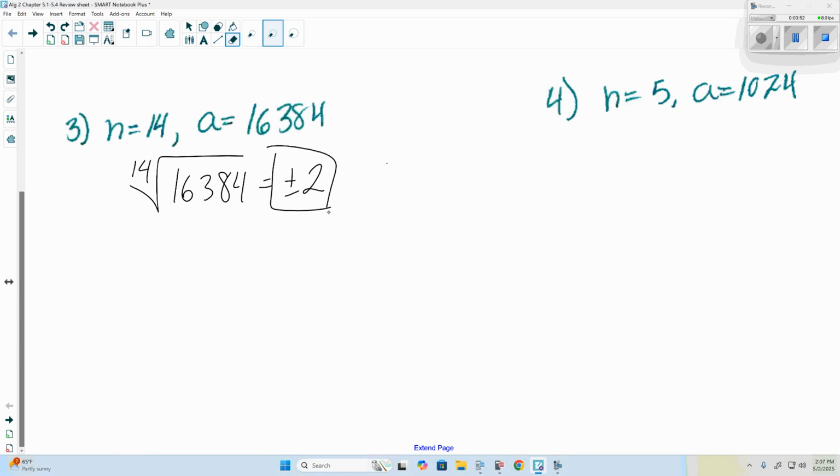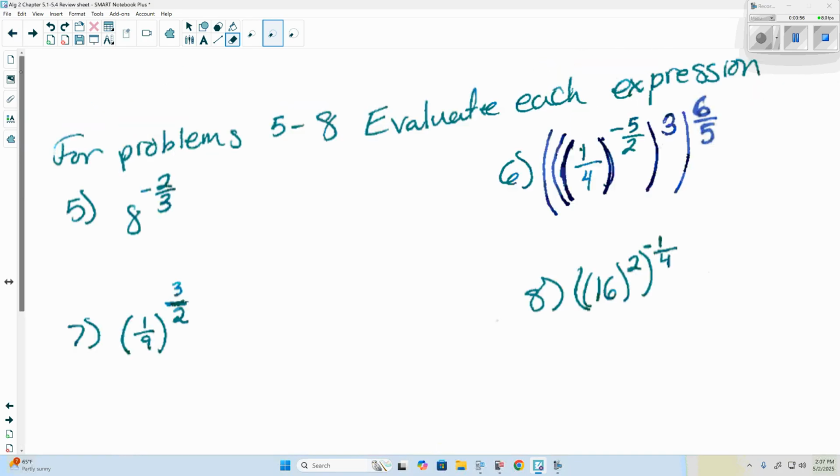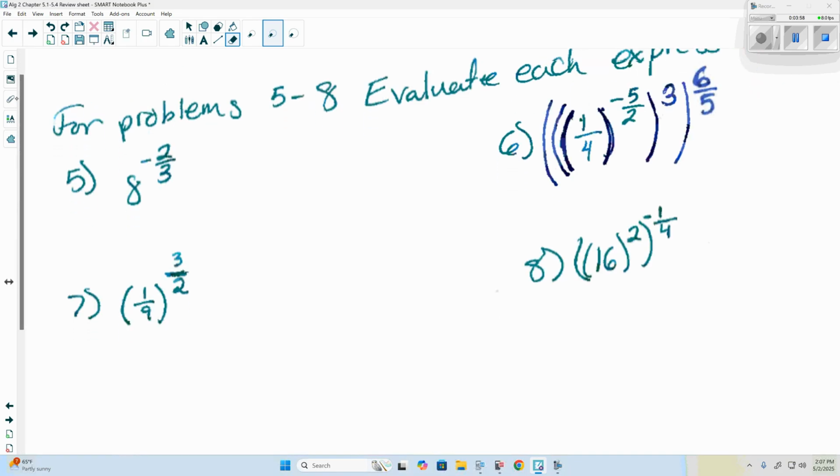Because if our index is even, we have the plus or minus. If that index is odd, we only have the positive or negative case, and it will tell us what it is. Because if we take the odd root and get a negative number, it's a negative. If we take the odd root and get a positive number, it's positive. It'll tell us exactly what it is.